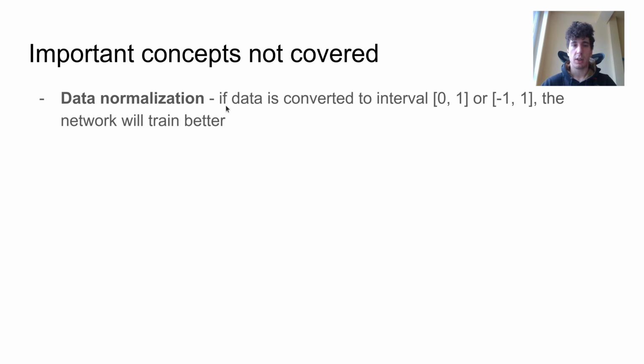So, data normalization is used to convert data, like we have years around 2000, but with data normalization we convert anything in the intervals 0 to 1 or -1 to 1. Because if all the numbers are kind of in the same interval, the network will train better.